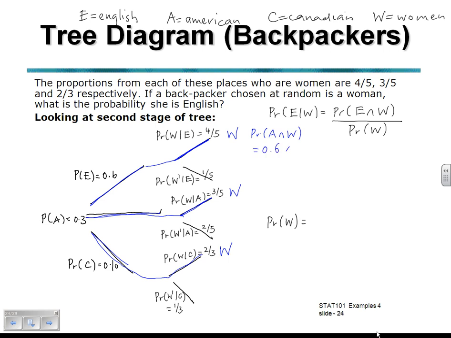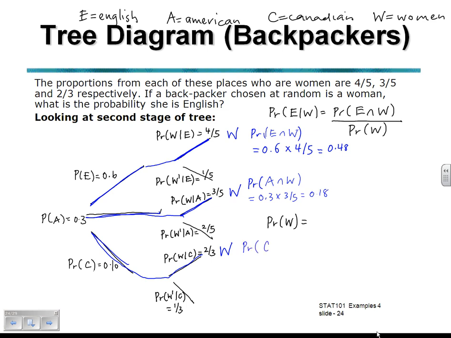So probability of the English intersection woman, the top line, is 0.6 times 4/5. The second one, probability that they're American intersection woman, will be, remembering, multiplying across the tree diagram as we go from left to right, our probability that they're American of 0.3 multiplied by that conditional probability that it's a woman given that they're American, multiplying by that 3/5.